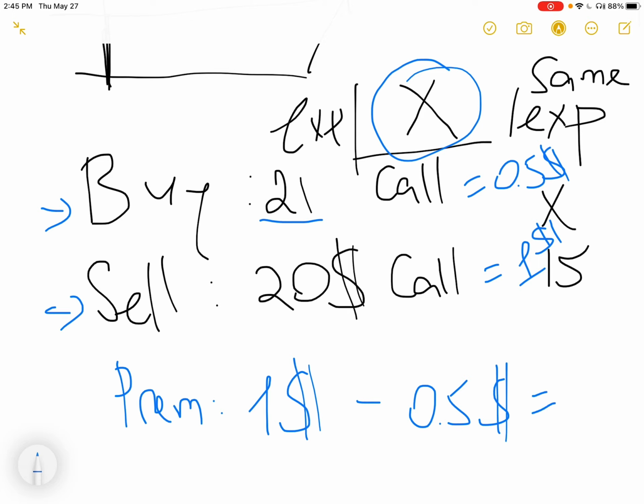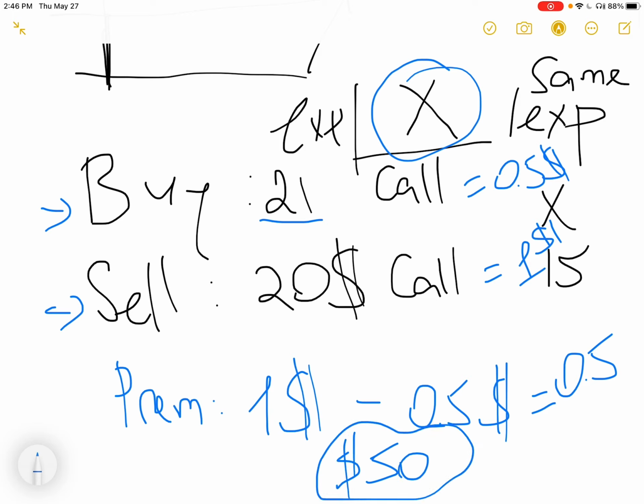So in return you get 5 cents, 50 cents per share. So for one contract, it's going to be $50. You are basically getting a credit of $50 for doing the call credit spread.